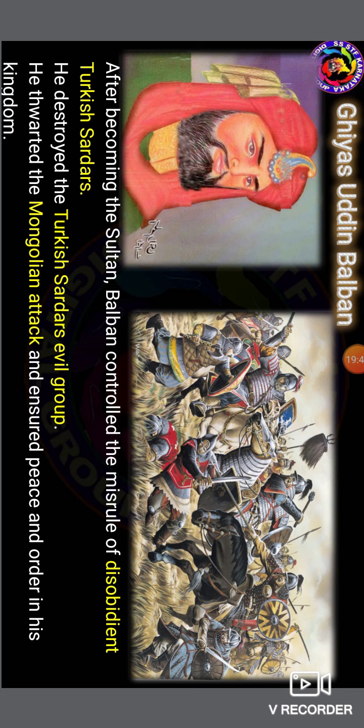After becoming the Sultan, Balban controlled the misrule of the disobedient Turk Sardars. He destroyed the evils of this group. He thwarted the Mongol attacks and ensured peace and order in the kingdom.